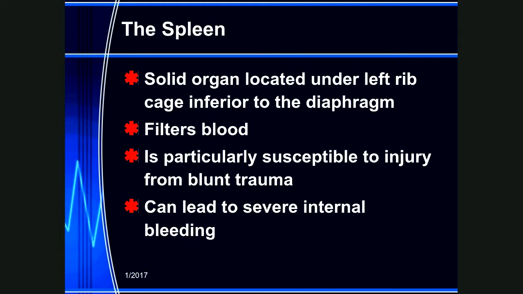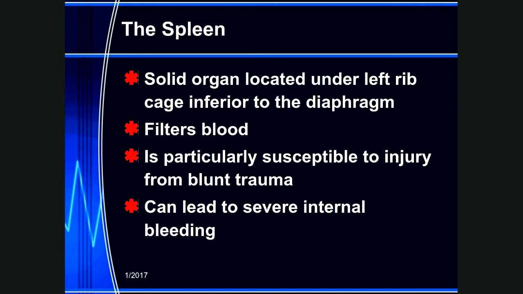And then our spleen, we hear a lot about the spleen, but we don't really understand exactly what it's for. But it's a solid organ that's located under the left rib cage, inferior to the diaphragm, and it is a filter for blood.